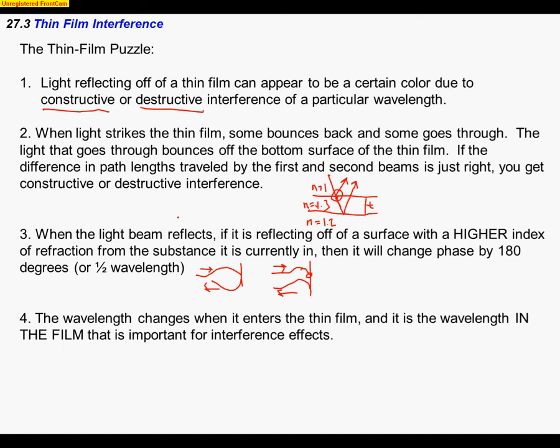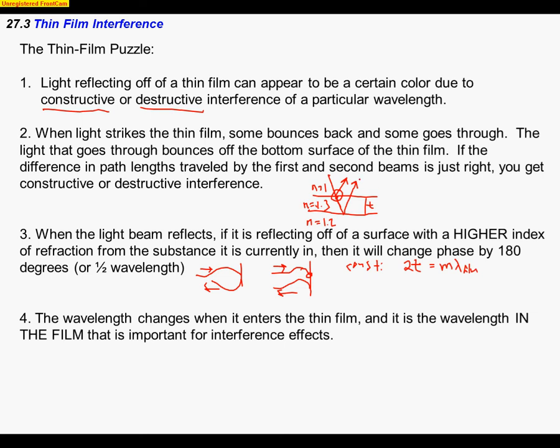So let's suppose we were trying to get constructive interference of these light beams. In the normal case, for constructive interference, the extra length traveled, which is 2 times the thickness, would have to equal a whole number of wavelengths in the film.